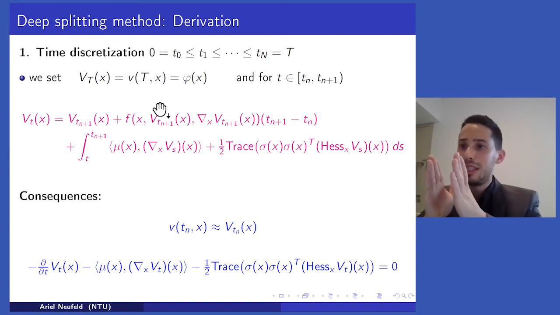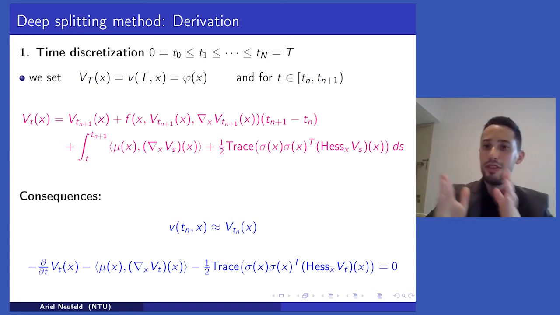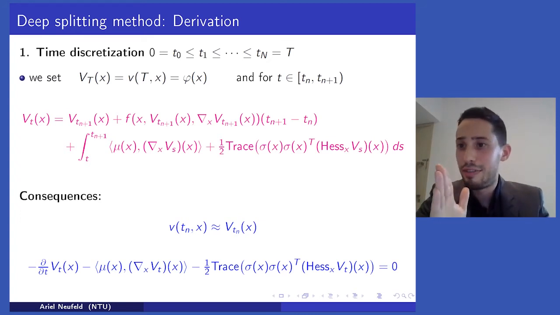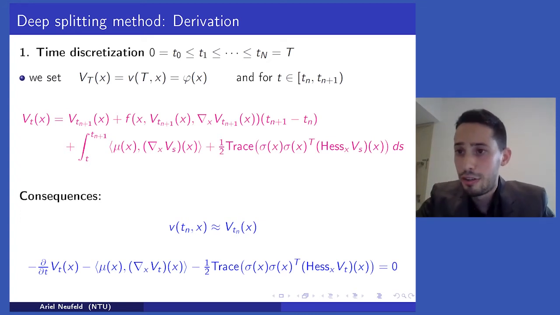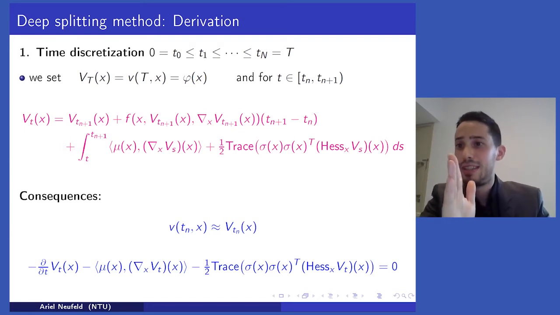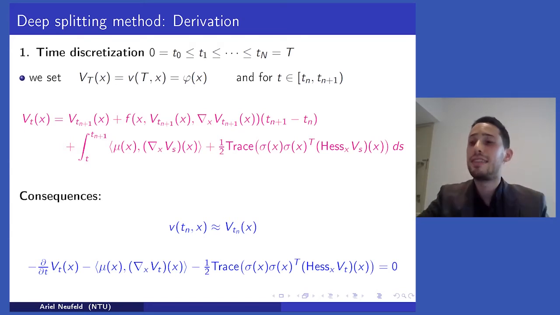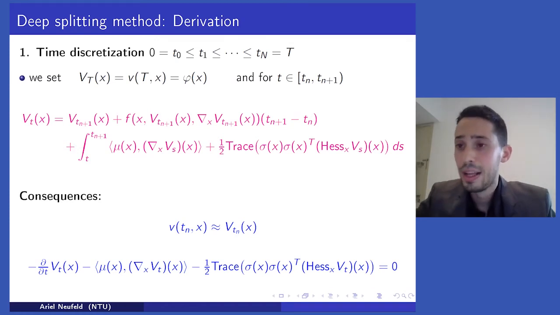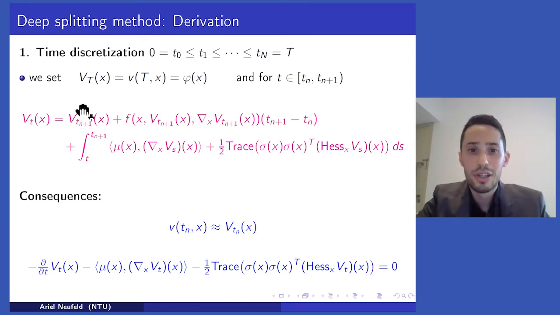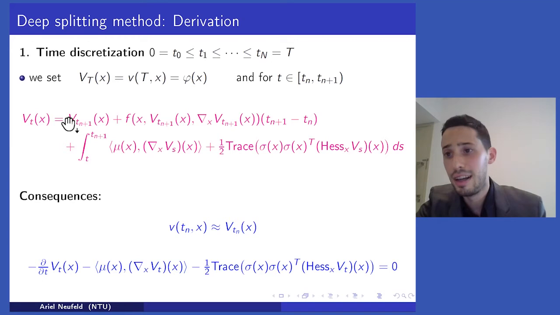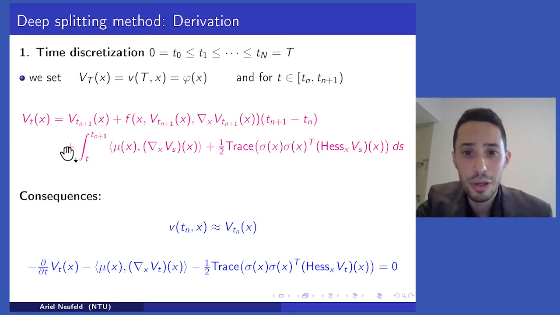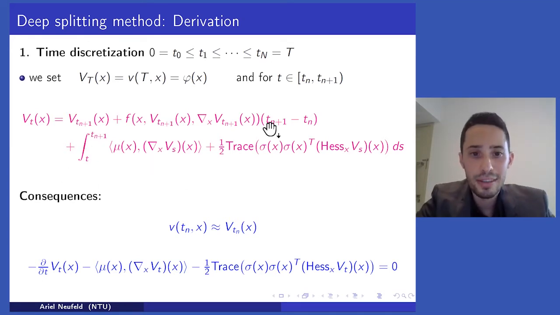And now we're going to go backwards in time. From each time t_{n+1}, we try to evaluate the value of the financial derivative at the time point t_n, so at the left-hand side of your time interval. We're going to approximate the PDE in the following way: the linear part here, we don't touch at all.